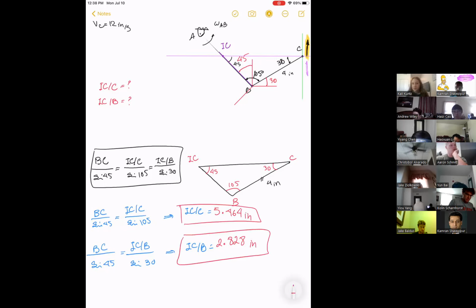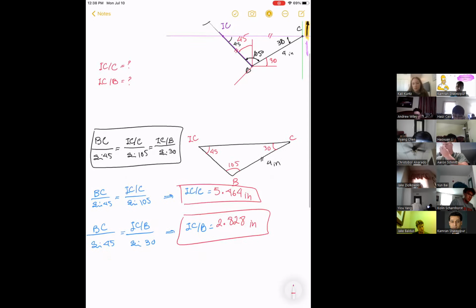And let me know if you got the same numbers. I got the same numbers. Okay, good. So we found the radius of rotation about IC, right?